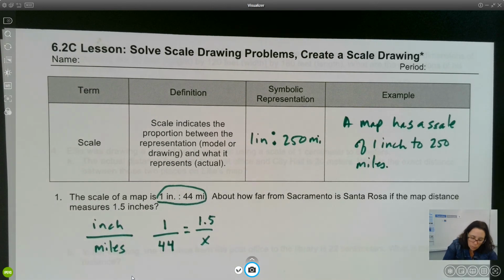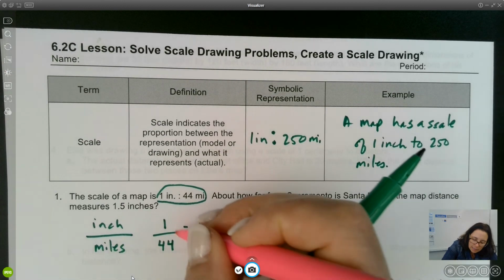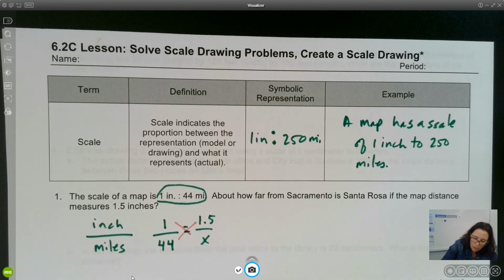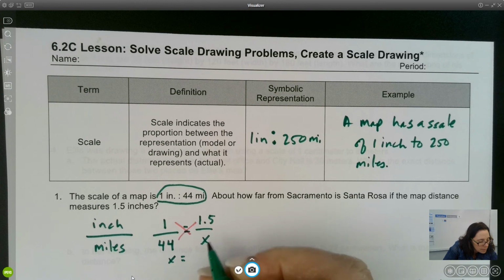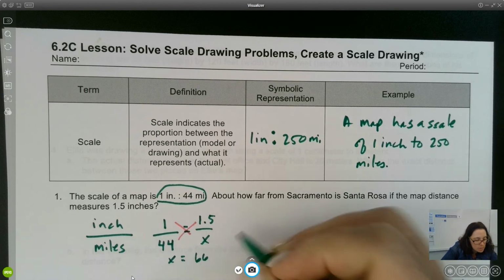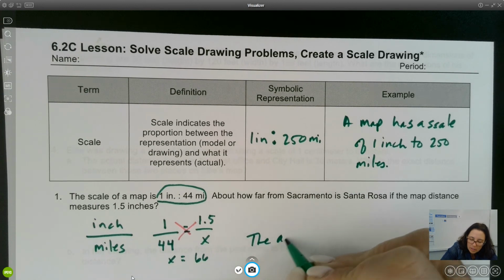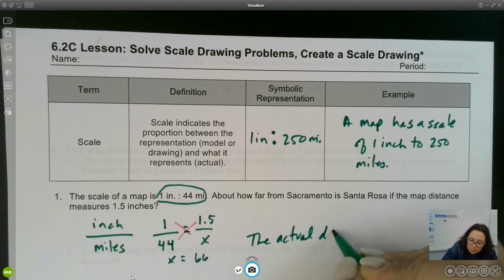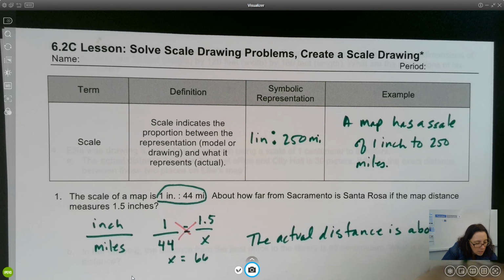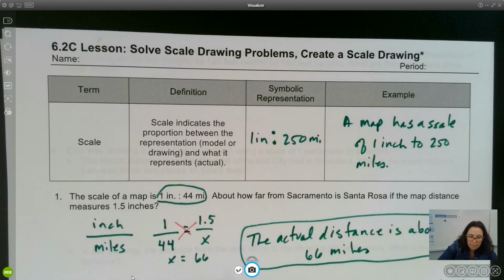Okay, so when I cross multiply like I learned last module, I get 1x equals 66. So the actual distance is about 66 miles. That's our answer, and that's our work in solving that.